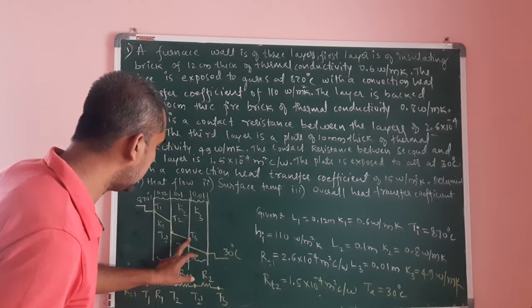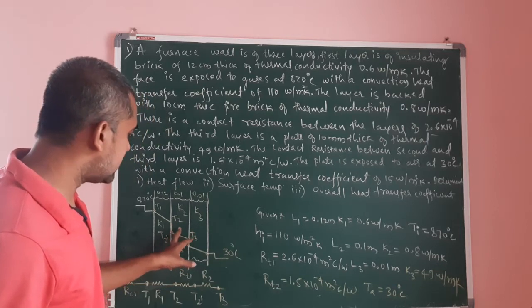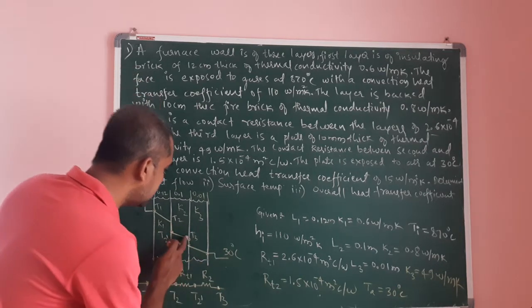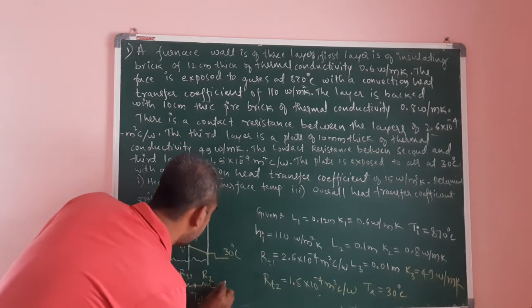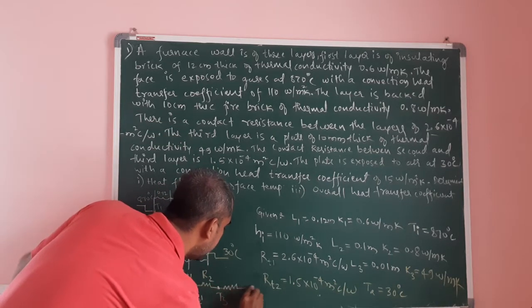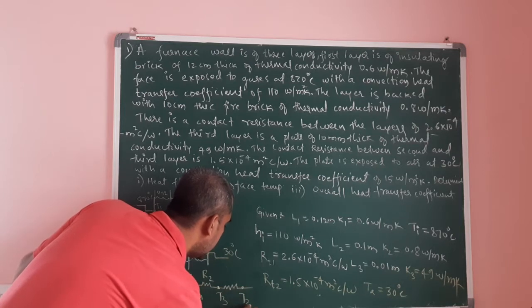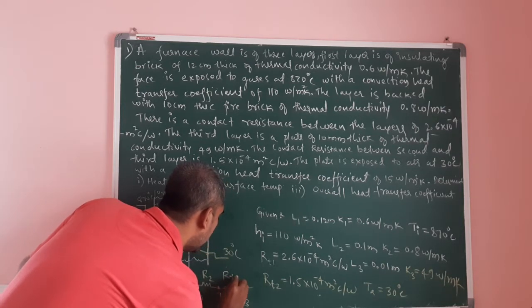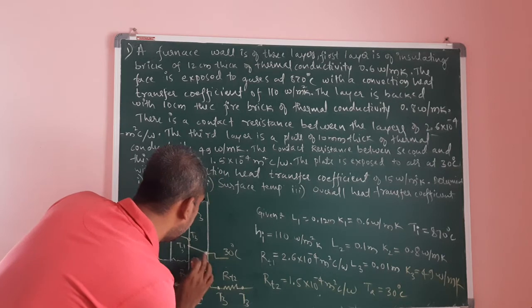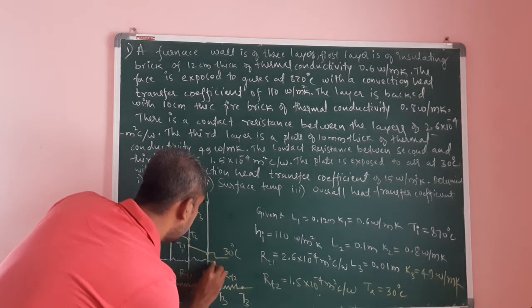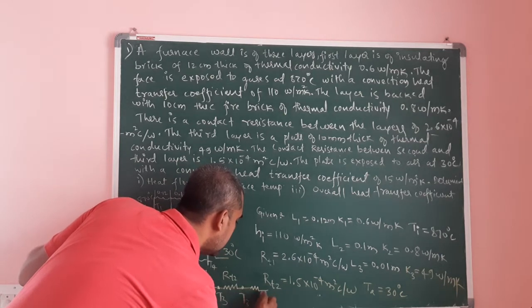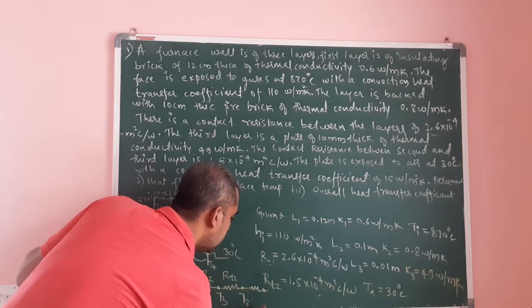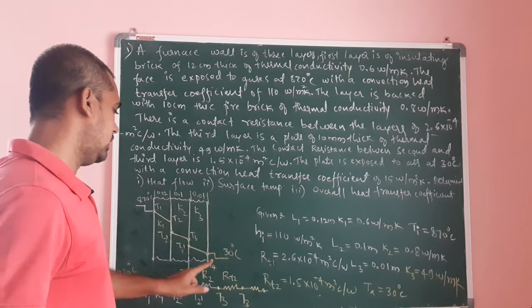Further, between the second and third layer, there is again thermal contact resistance from T3 to T3 dash. This is RT2. Further, from T3 to T4 there is conduction heat transfer.